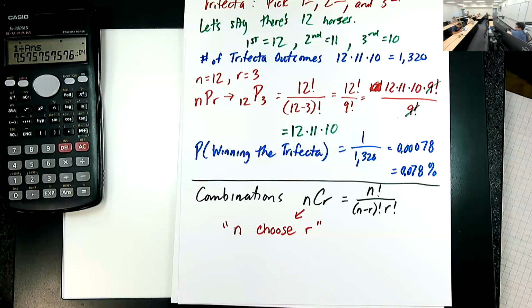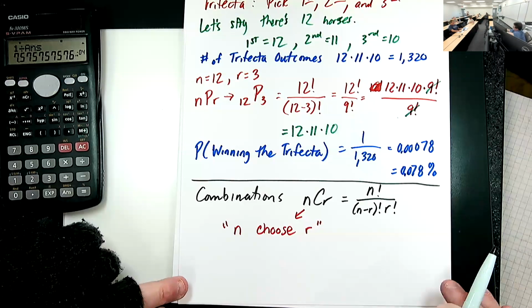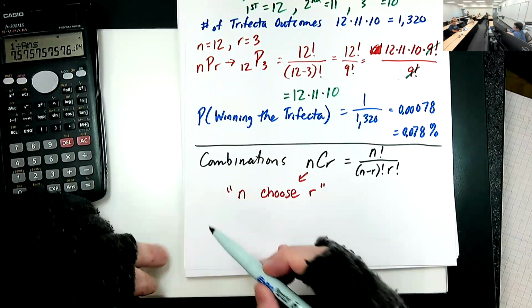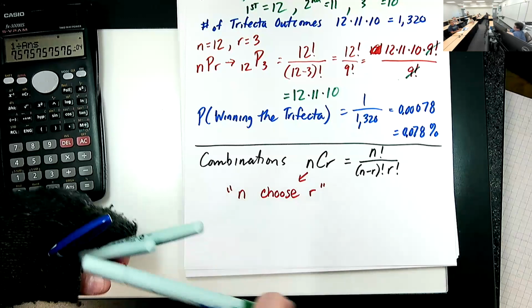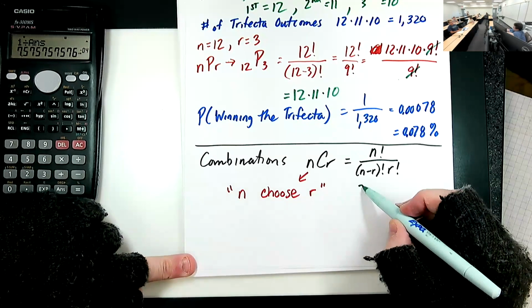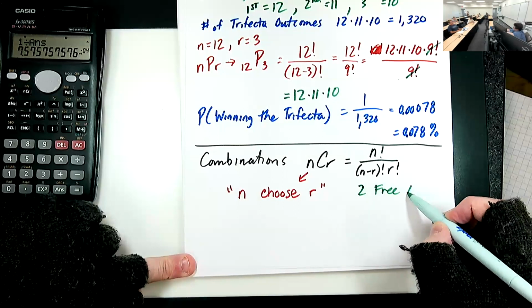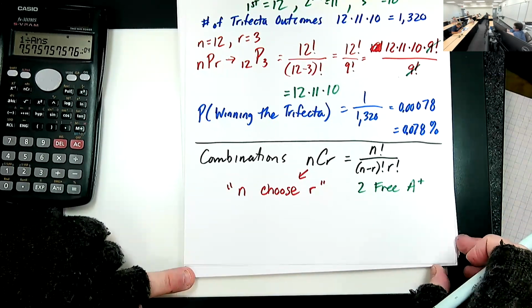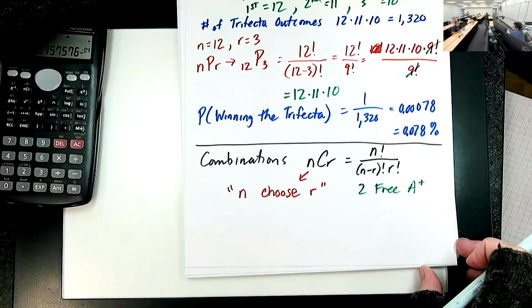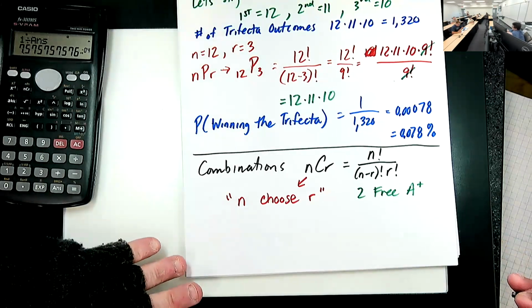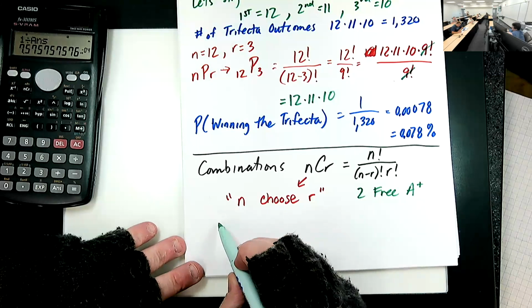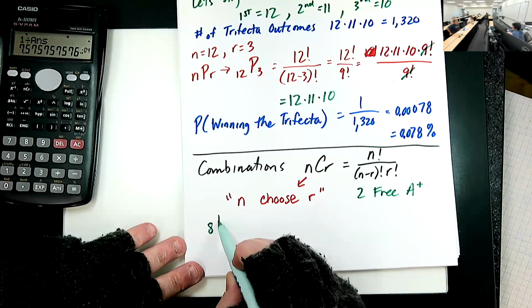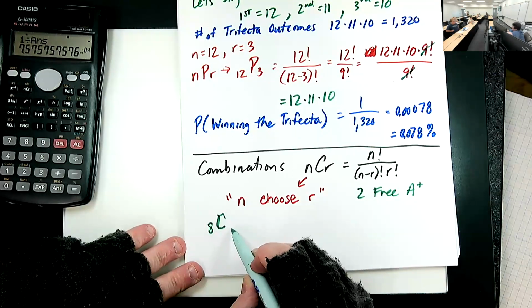My example with 2 of you getting free A pluses, how does that work here? Let's look at the math. There's 8 of you, and we're gonna do combinations 2.